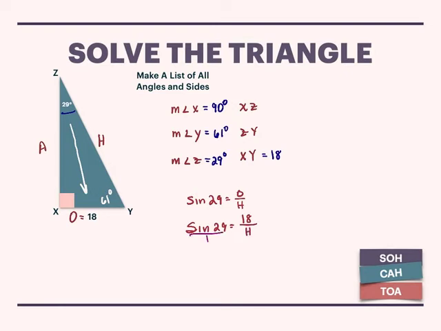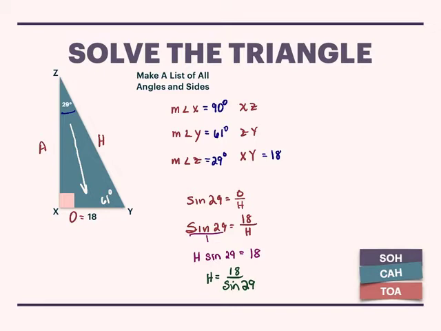I'll cross multiply here. h sine 29, again, that h goes on the outside. 1 times 18 is 18. And so h is 18 dividing by sine 29. Side h is whatever 18 divided by the sine of 29 is.